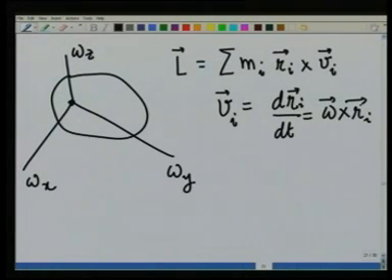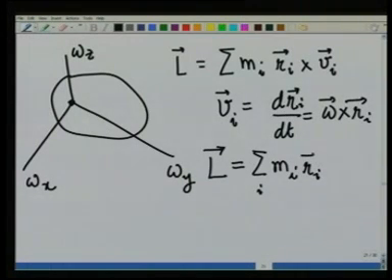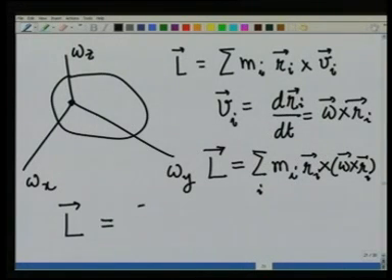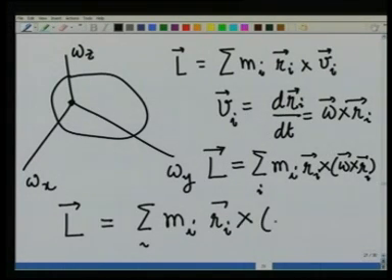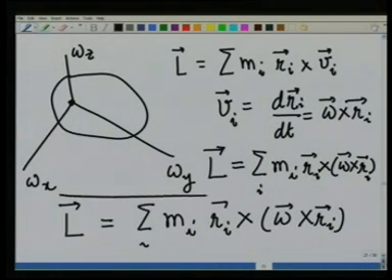Therefore the angular momentum vector L is equal to summation over i of mi Ri cross (omega cross Ri). So this is the general vector L, and this is what I want to evaluate now.